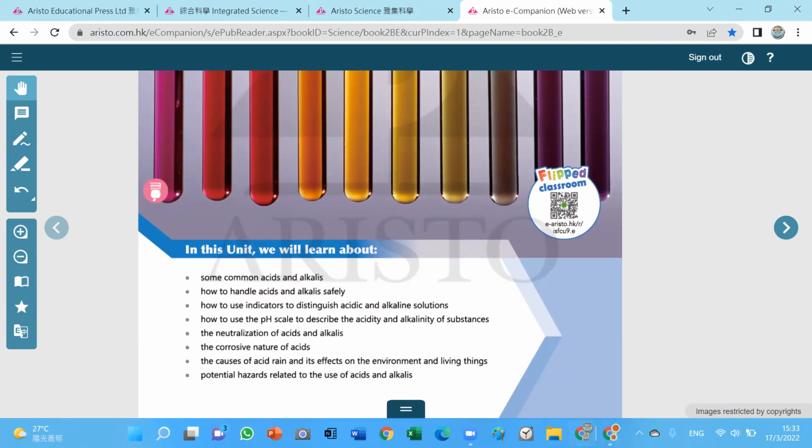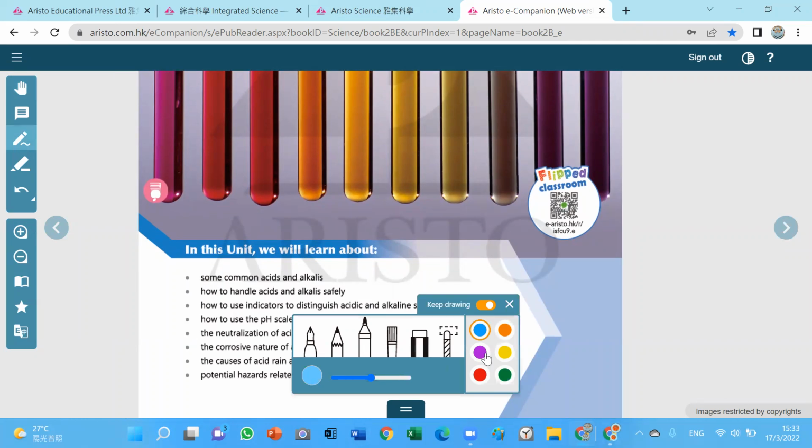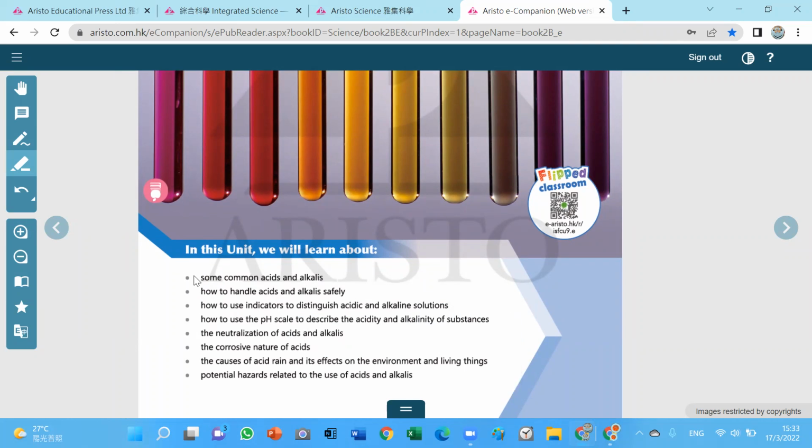In this unit we will learn about some common acids and alkalines. We will learn how to handle acids and alkalines safely, how to use indicators to distinguish acid and alkaline solutions, and how to use the pH scale to describe the acidity and alkalinity of substances.